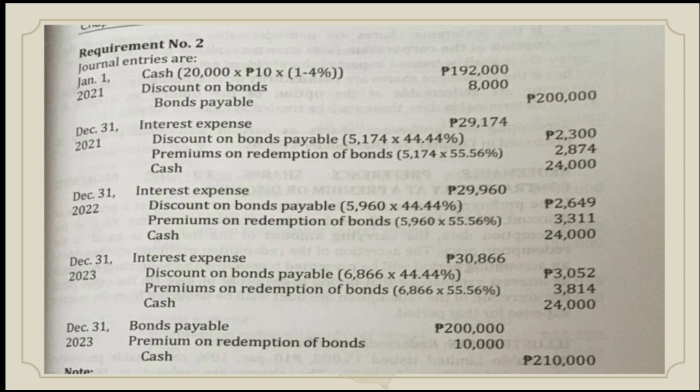Then sa bonds payable, i-times ang 20,000 sa 10 kay at 10 pesos man na gi-issue pagka January 1, 2021.